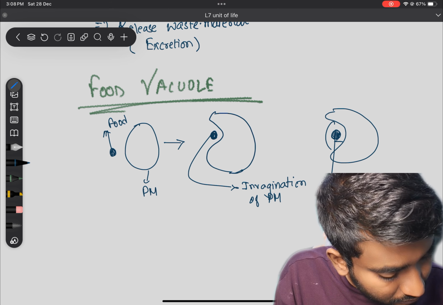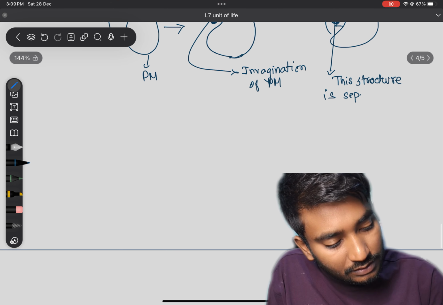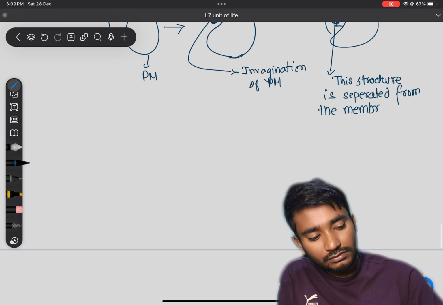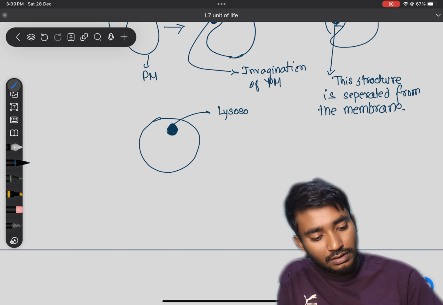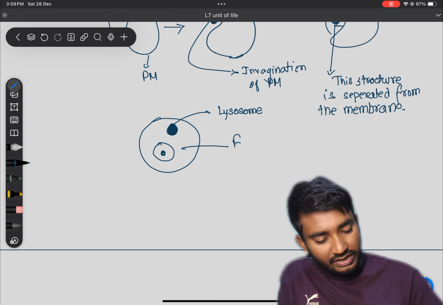This one is the lysosome, and this is the food vacuole.